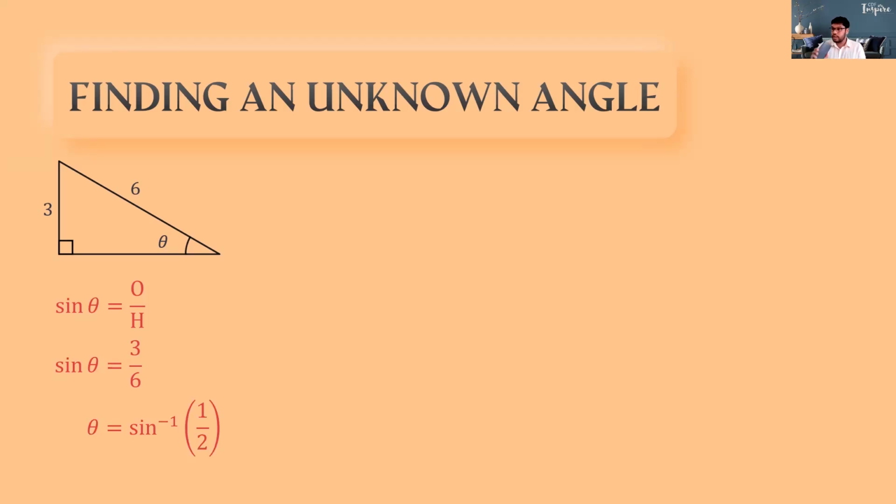Now I want you all to take your calculators. Get sine inverse. So press shift and then sine, enter half and give me the answers. So you're already sending me the answers. Yes, so all your answers are correct. That's right, children. The answer is 30.